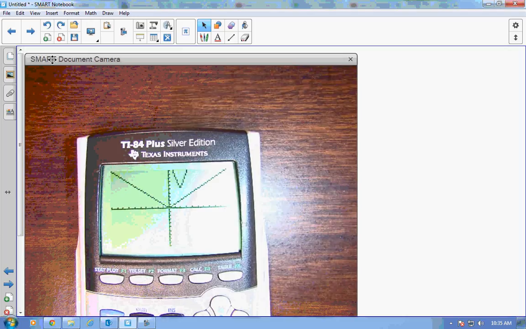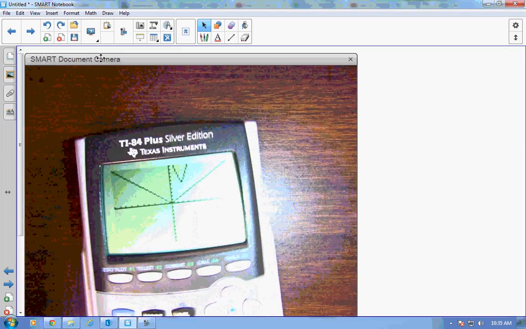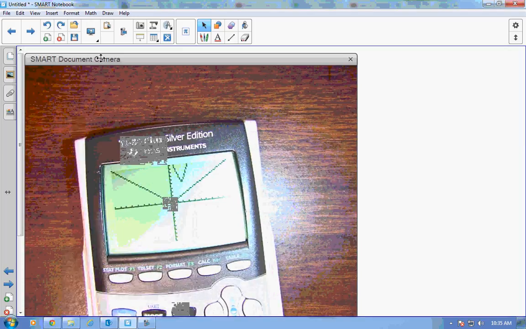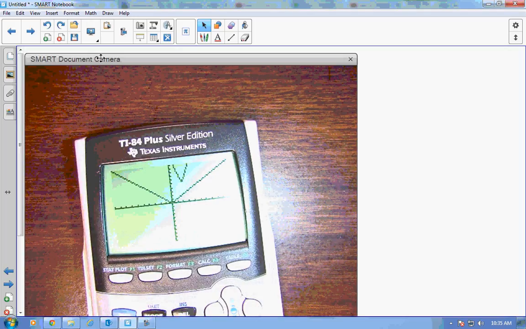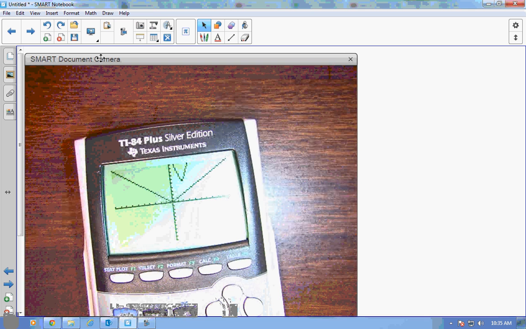Well, pass your calculator over here, please. I can't know what's going on until I see it. Oh, I bet your window's off. Go to Zoom Standard, Zoom number 6. And then it'll probably be fine.